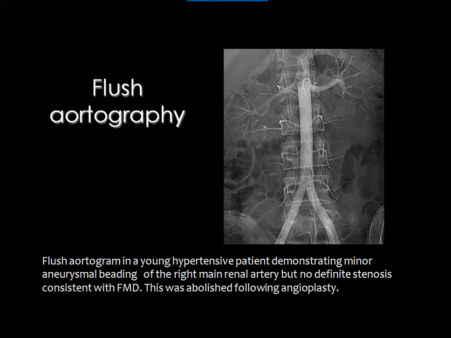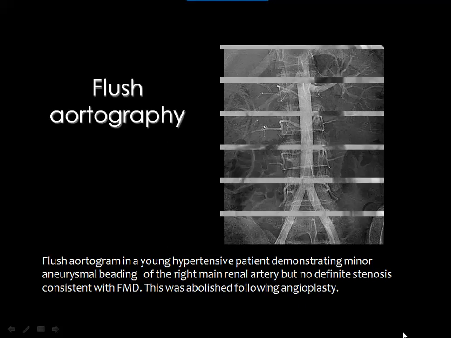Before the era of CT angiography and MR angiography, we used to do this technique, which is known as flush aortography, by introducing a catheter via the Seldinger technique into the femoral artery, and we push the catheter upward into the aorta and put it at the level of the renal arteries, injecting contrast media to show the left and right renal arteries.